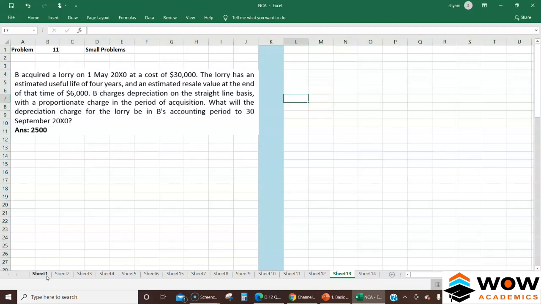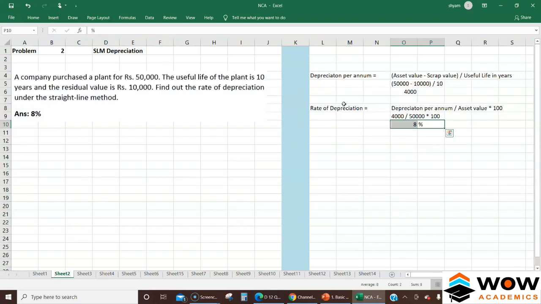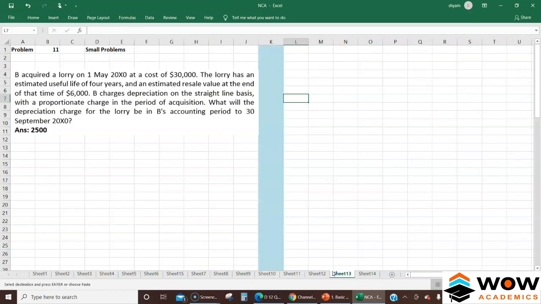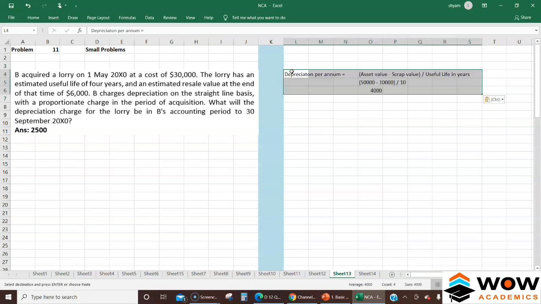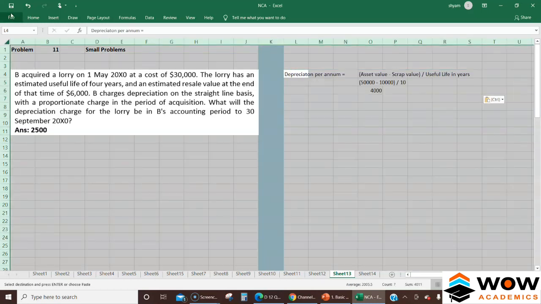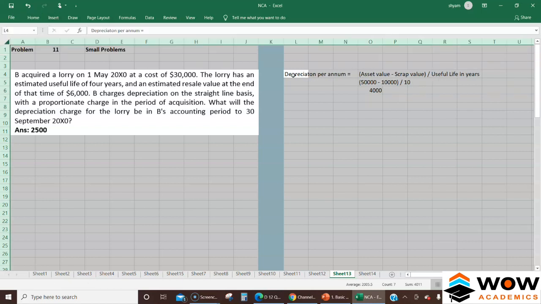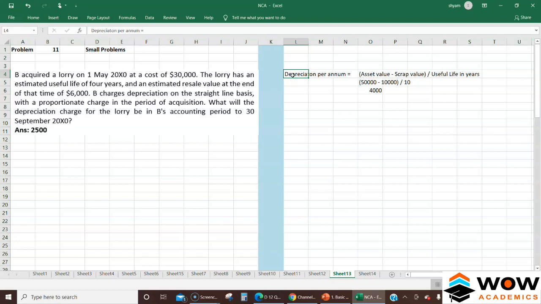We did this sum in the earlier part. It works like this: the cost of the asset is 30,000, the scrap value is 6,000, and the life of the asset is 4.